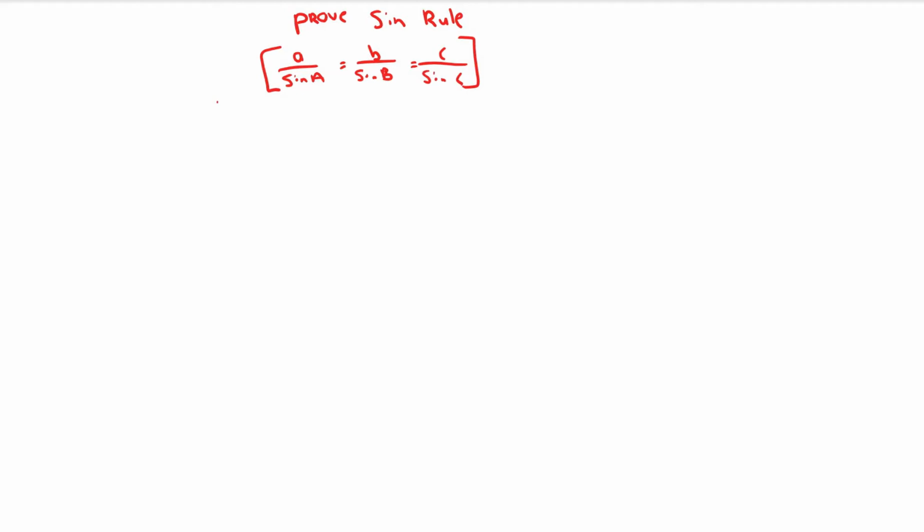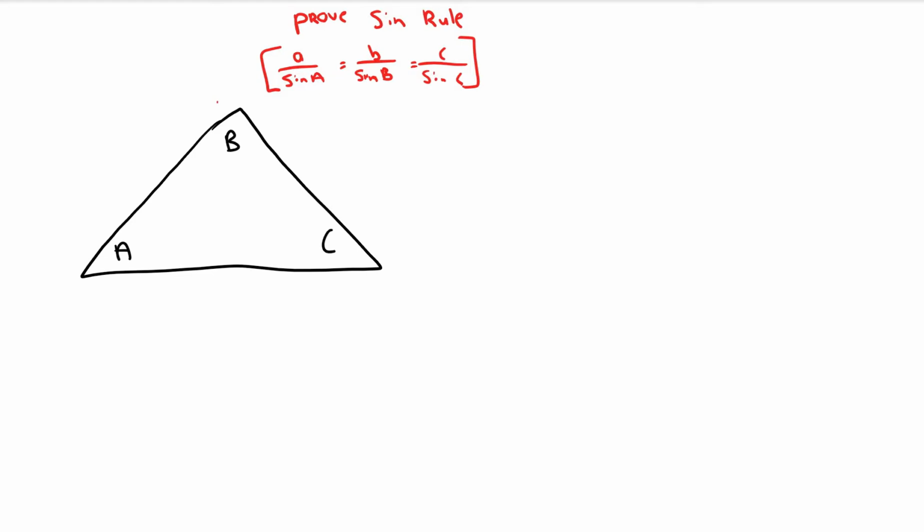Right, now we're going to prove, or derive, the sine rule. The sine rule is a over sine A equals b over sine B equals c over sine C. To prove this, we're going to draw a triangle. And I'm going to label the angles A, B, and C. The side across from A is small a, the side across from B is small b, and the side across from C is small c.